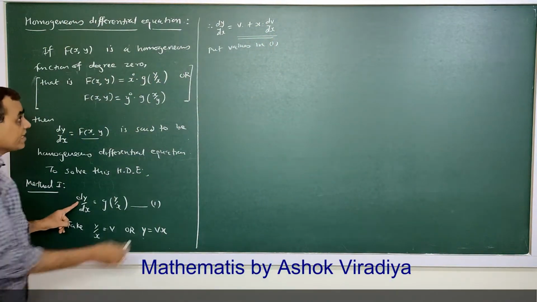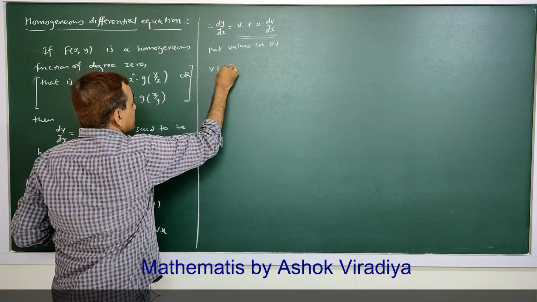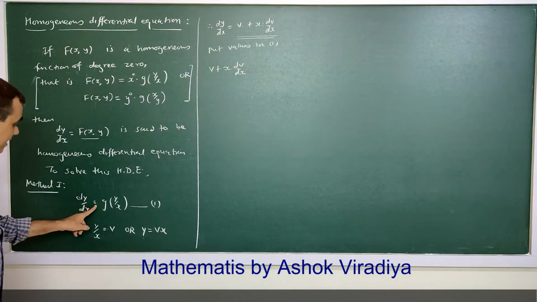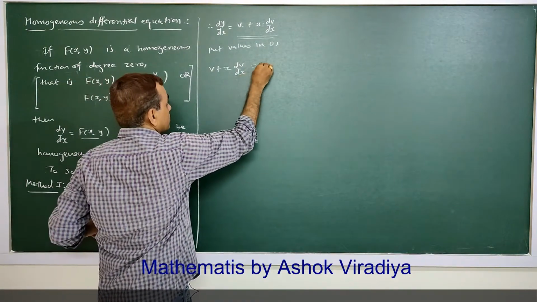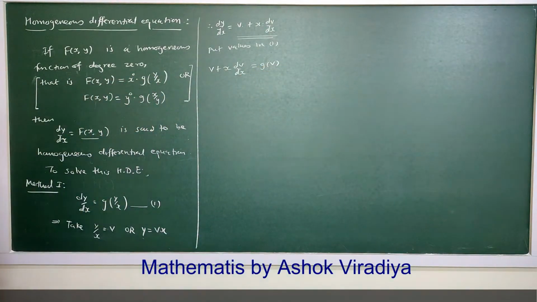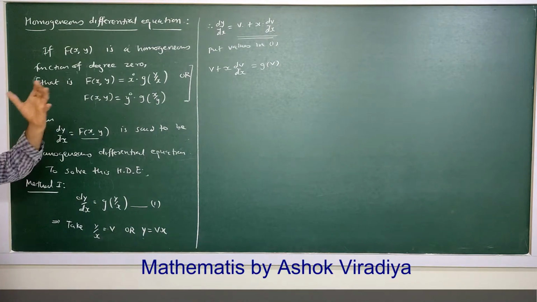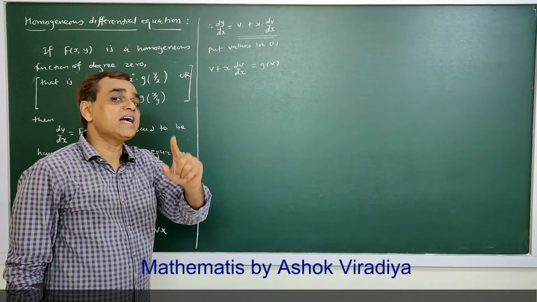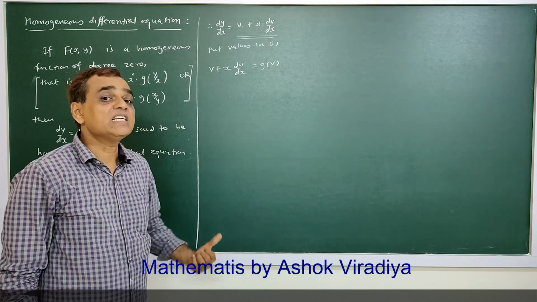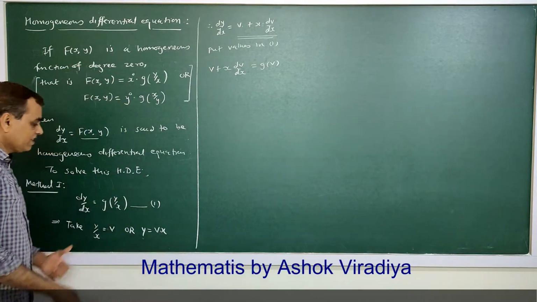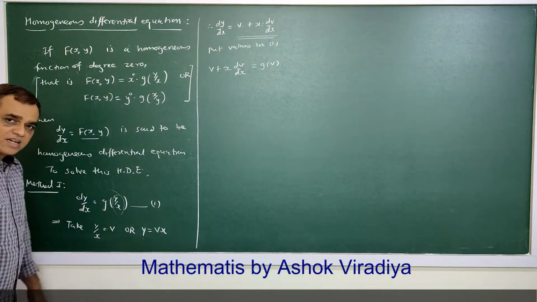So I am putting here v plus x into dv by dx, and it is equal to g of v. So now this will be an equation in two variables v and x. Y is eliminated. Whenever we work with y by x, eliminate y.